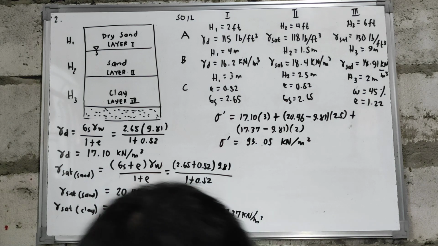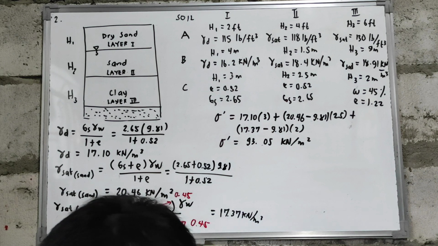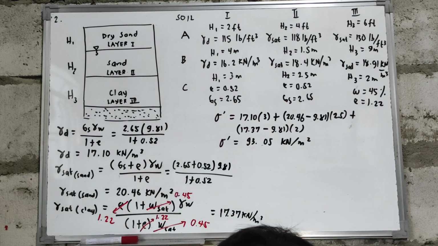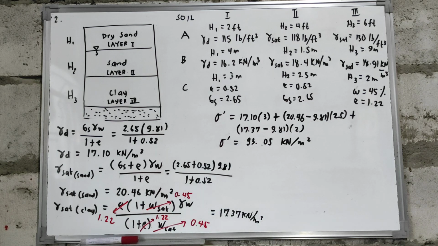So, next problem. So, for letter B, if the water table rises to the top of the ground surface, what is the change in effective stress at the bottom of the clay layer?